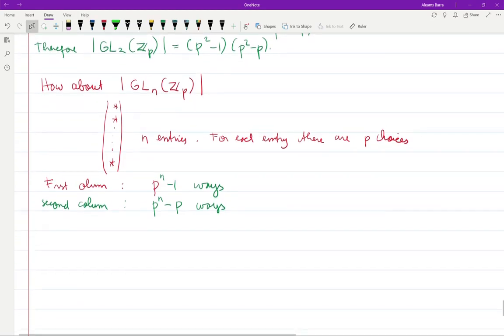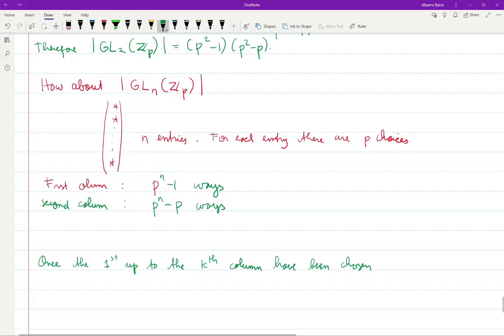Once the first up to the kth column have been chosen, we need to think of how to choose the (k plus 1)th column.